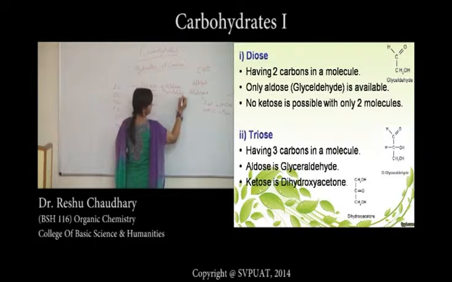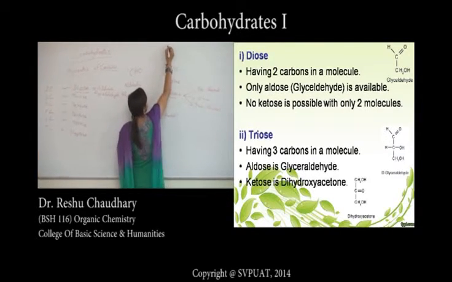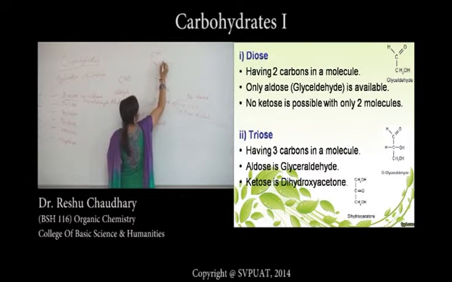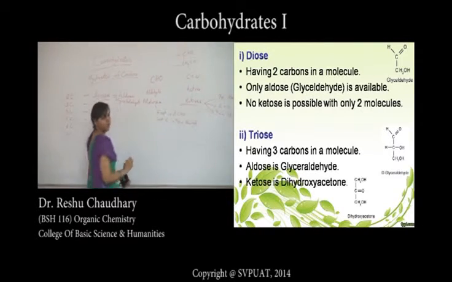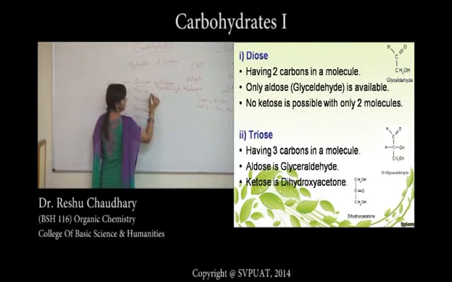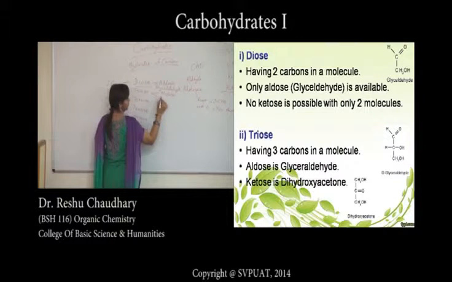The name is glyceraldehyde, and the structure will be CHO, CH2OH. This is the aldehyde group and primary alcohol. In triols, there is the possibility of both aldose and ketose.